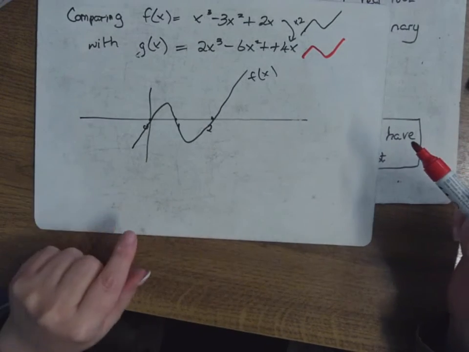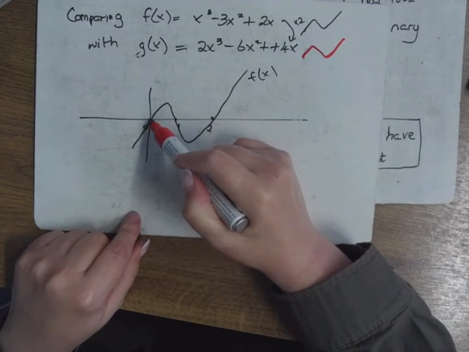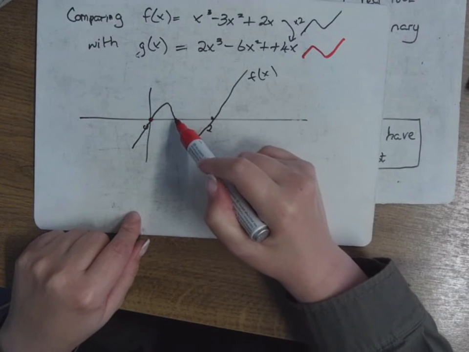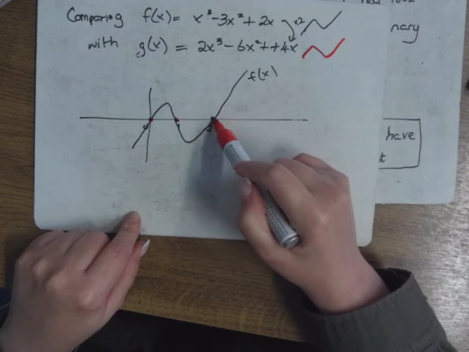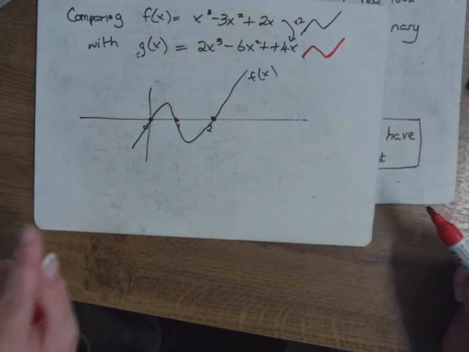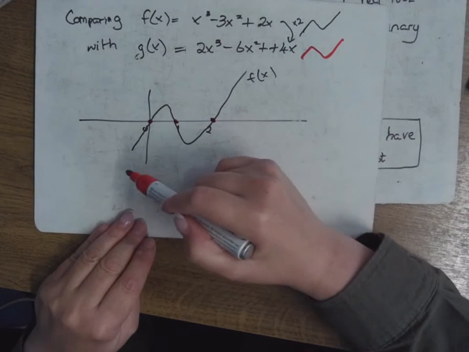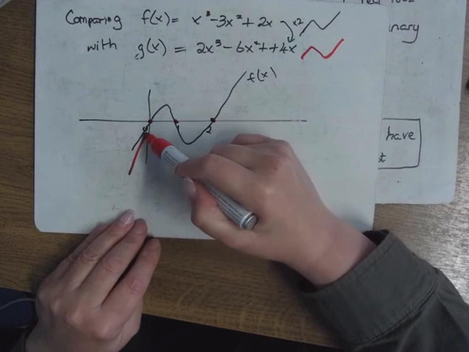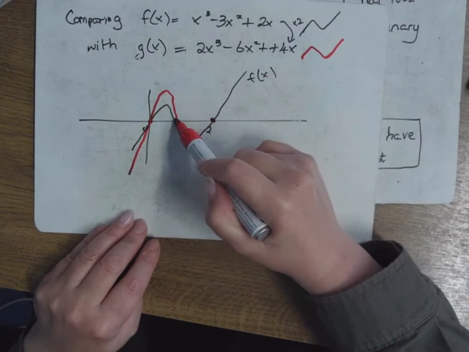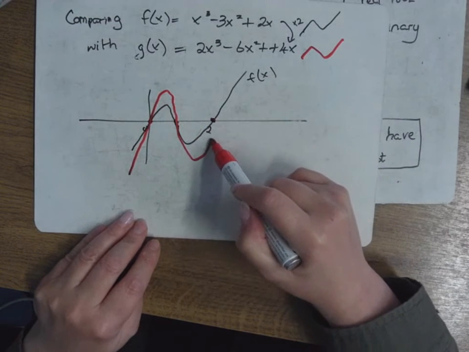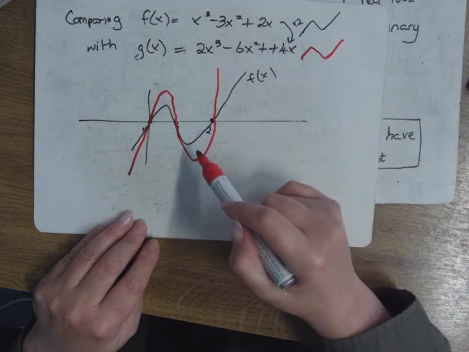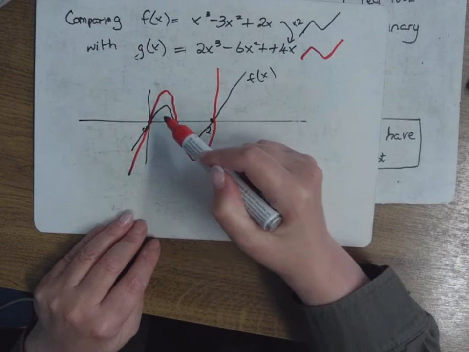Agreed? It'll still cross at the exact same points. So when you solve that, you'll still get 0, 1 and 2. So what's different about the graph, girls, is the peaks are twice as big. So it goes up twice as high, right?